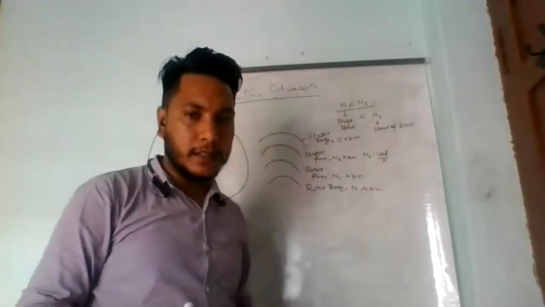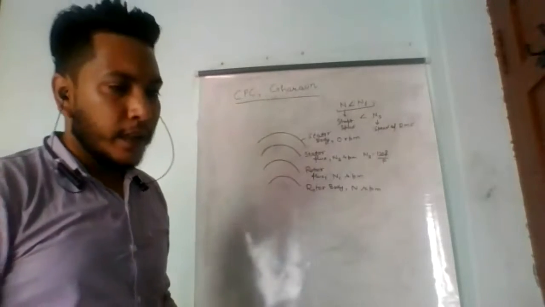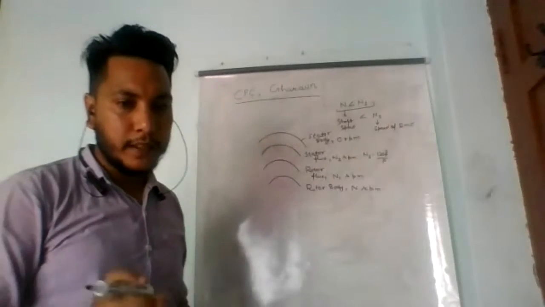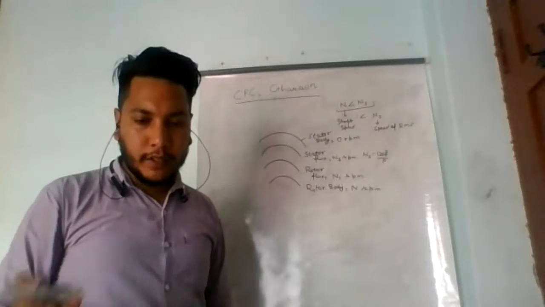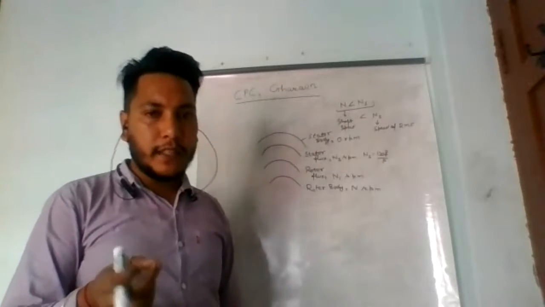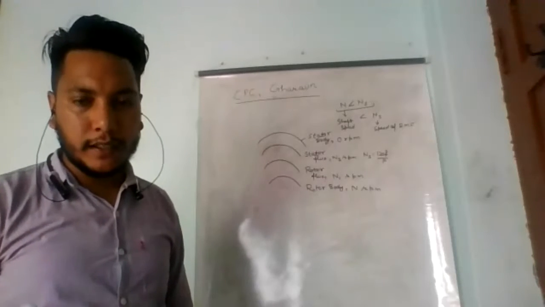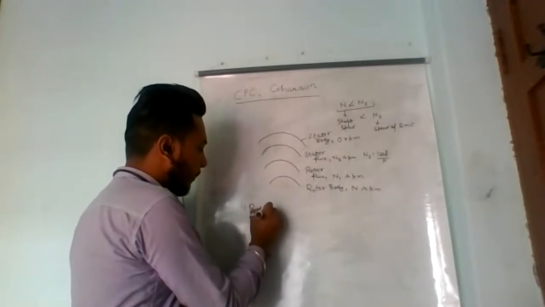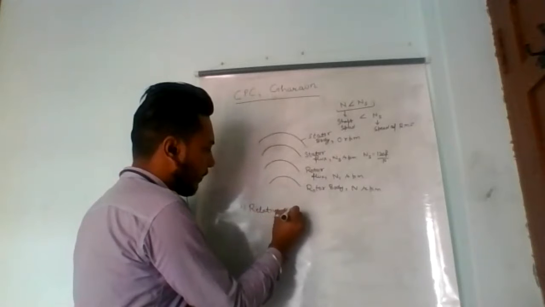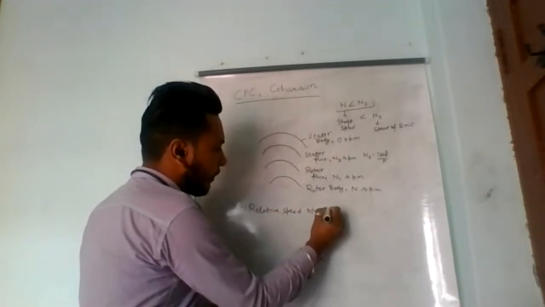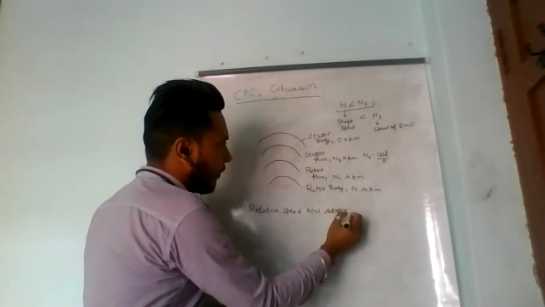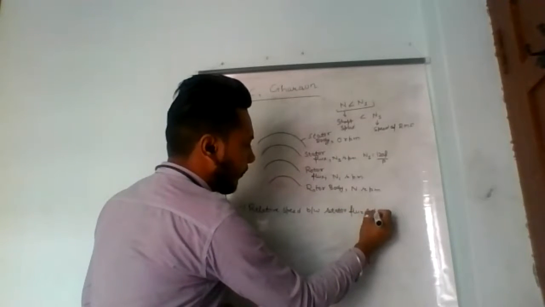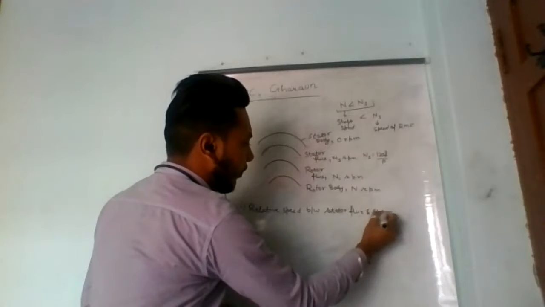Now, if we talk about relative motion, relative motion is nothing but the motion in the same direction. For example, if there are two persons moving in the same direction, then we can calculate their relative speed. First is the relative speed between the stator flux and the stator body.